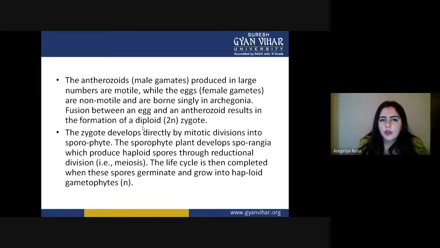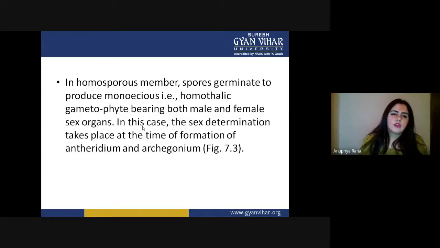Fusion between an egg and an antherozoid results in the diploid condition, the zygote. The zygote divides mitotically into the sporophyte, and the sporophyte plant develops sporangia, which produce haploid spores through reductional division. So all this that is written here, I just explained to you.